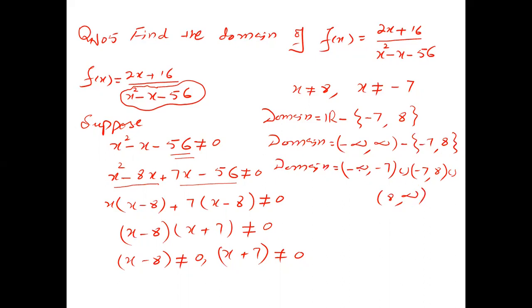Minus infinity and minus 7 are not included, these are not part of the domain. In between minus infinity and minus 7, all points are domain points. Minus 7 is not included, 8 is not included. In between minus 7 and 8, all the points are domain points. In the same way, 8 is not included, infinity is not included. Between 8 and infinity, all points are domain points.